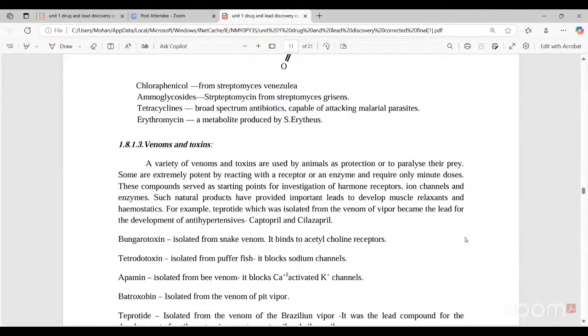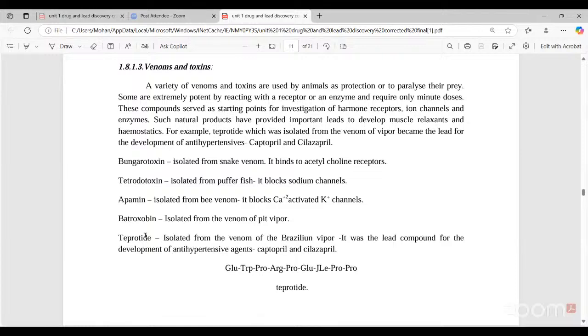For example, a compound isolated from the venom of a snake became the lead for the development of antihypertensives such as captopril, and some other drugs are also extracted from venoms and toxins. You can see them listed here.